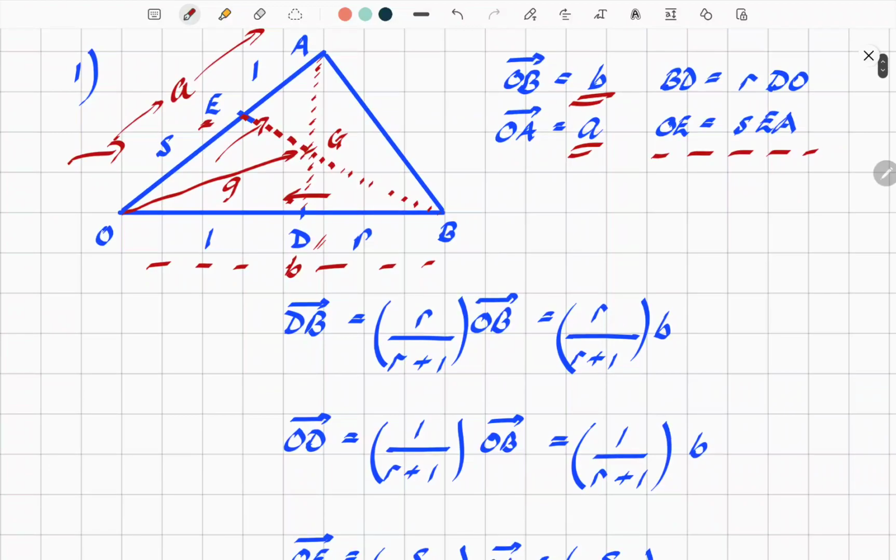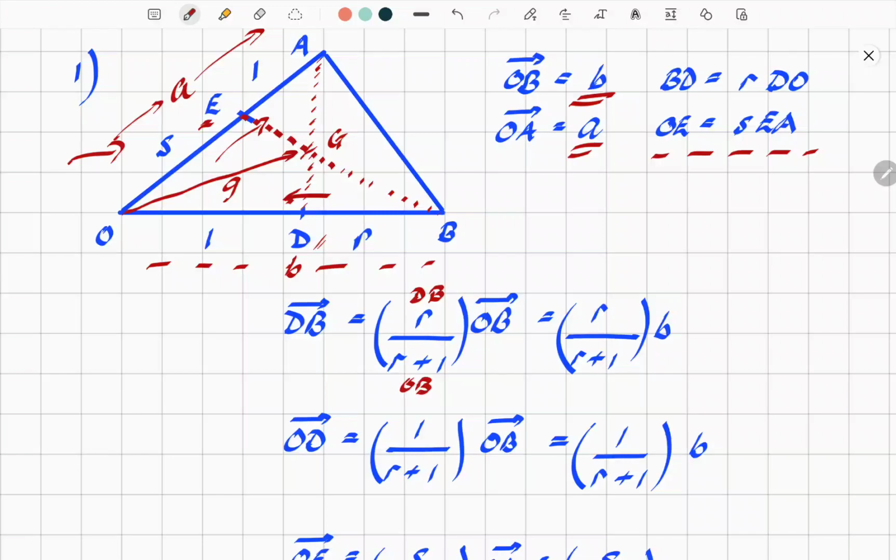Now we're going to write down some vector quantities. From this, we can see that DB is R over R plus 1. R is the DB bit, and R plus 1 is the OB bit.